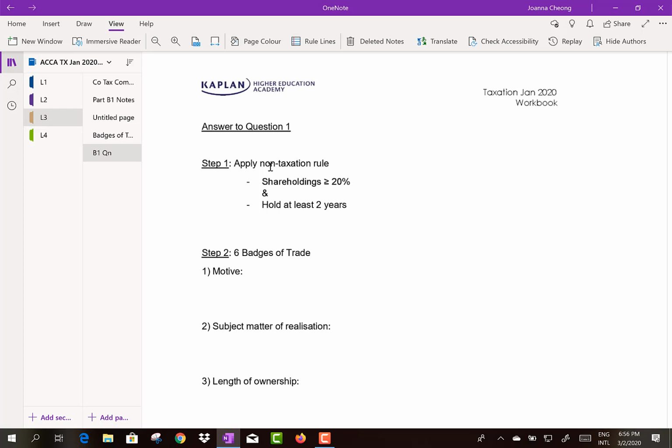If it's a 5-mark question, you better write a lot more. So you will need to explain the two sides of the story. You say, assuming you pass the condition, it will not be taxable. Now, because the question is very ambiguous, it's not very clear.